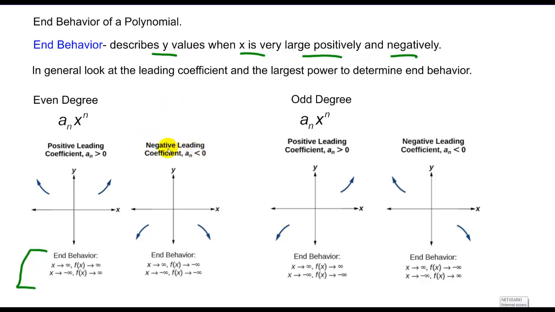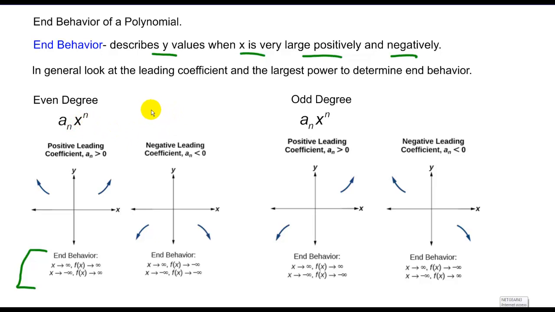Likewise, if the coefficient is negative and we still have an even degree, we know that whatever number we put here, very big, is going to be raised to an even power. This is going to be positive, but when we multiply it by a negative coefficient, it goes negative. And that happens both when we plug in a very big positive number or a very big negative number.